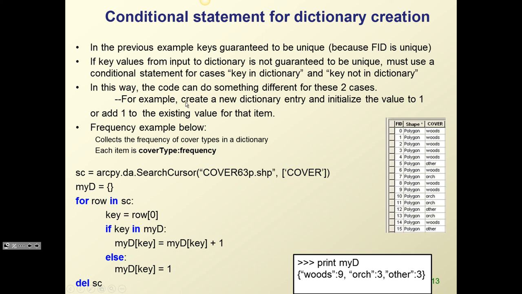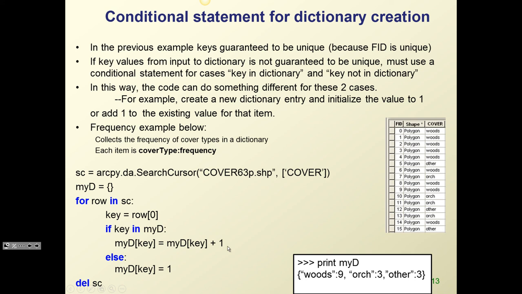For example, you can create a new dictionary entry and initialize the value to 1. That's what we're doing down here in the case that the key is not already in the dictionary. And in the case where the key is in the dictionary, what are we doing here?